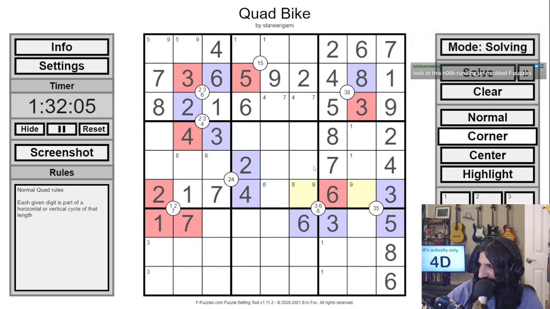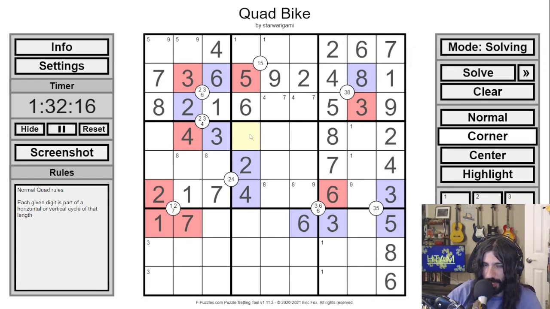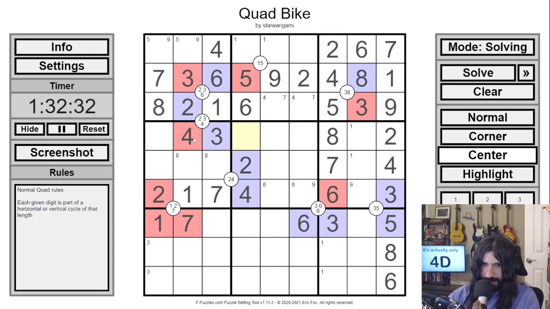New running unmodded puzzles. 7 can't be in row 4, column 4. Row 4, column 4 is here, saying there can't be a 7 here. Oh, there can't be a 7 here because this points to this, points to this.